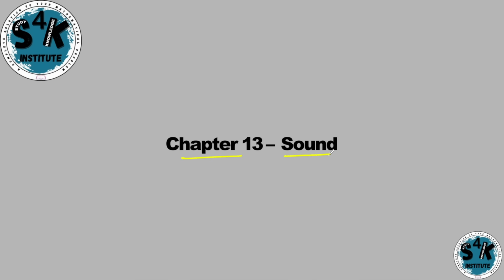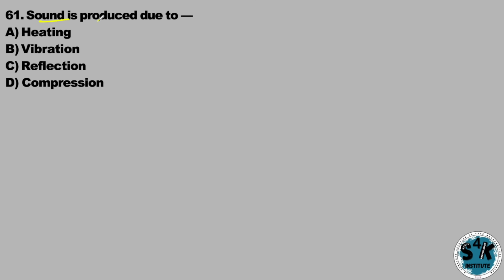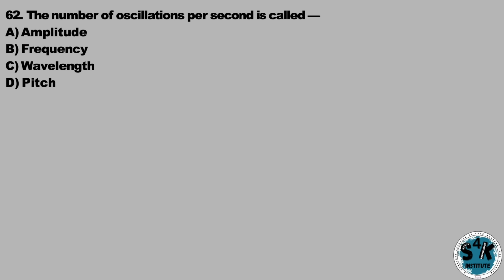Chapter 13, sound. How are we able to produce a sound? It is produced because of vibration. The number of oscillations per second, if you know the formula, is 1 over time. So 1 over time is nothing but frequency.